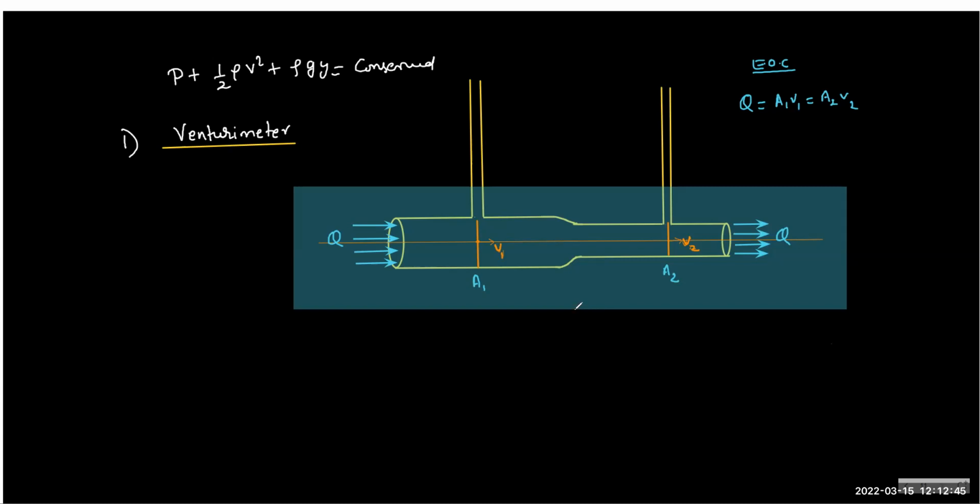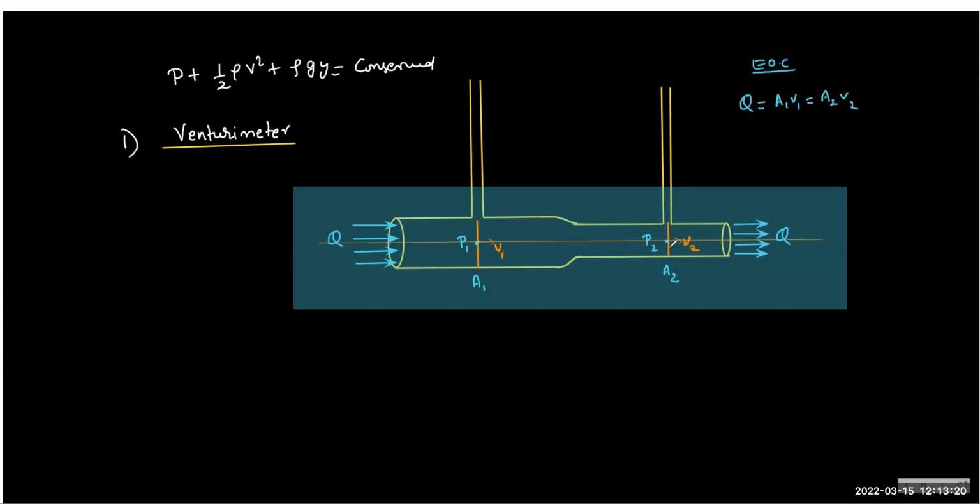So now, at which point is the kinetic pressure more? Is the kinetic pressure bigger at A2 or A1? A2. So if the kinetic pressure is more at A2, then which pressure must drop?